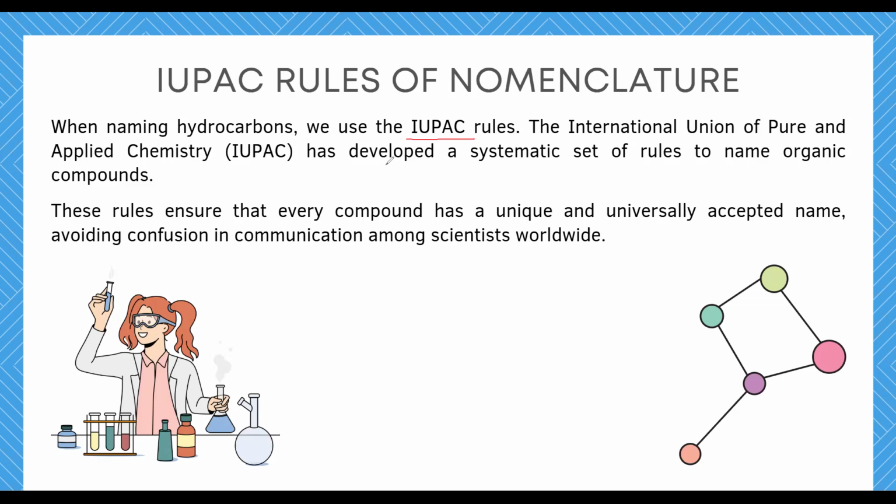They set a system of rules that apply to the process of naming organic compounds. Now, these rules are there to ensure that every compound has a unique and universally accepted name so that we can avoid confusion in communication among scientists worldwide. So let's see what those rules are.